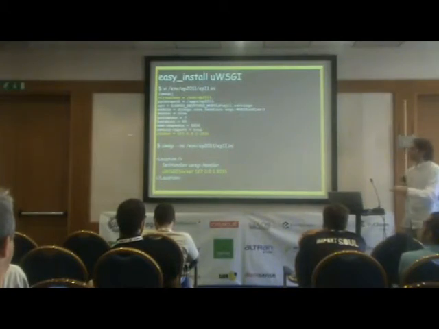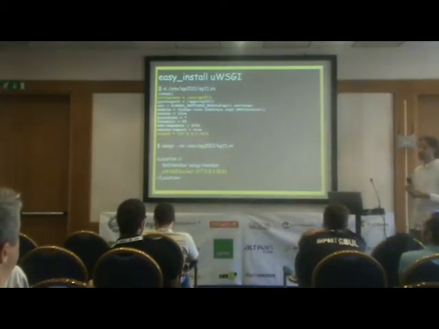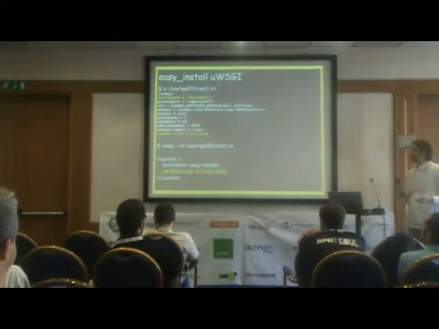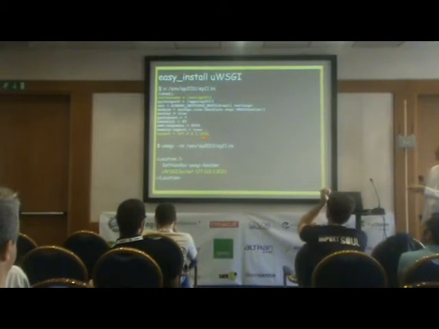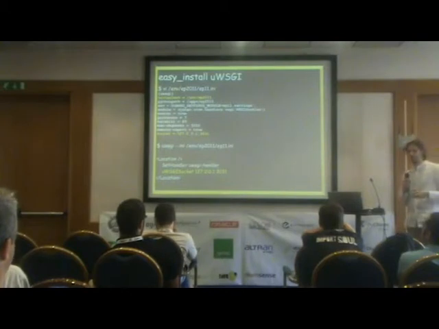And very important is the socket, because this uWSGI is a server, or maybe it's better called an application server, that listens on this socket with a proprietary protocol called uwsgi. The socket could also be a unix socket, not only TCP. And you run your application just by running uWSGI.